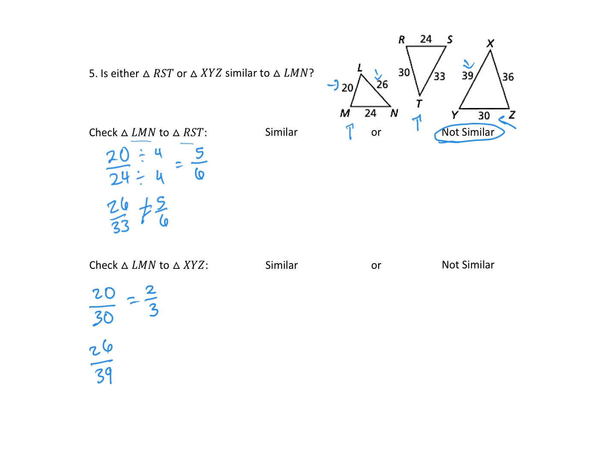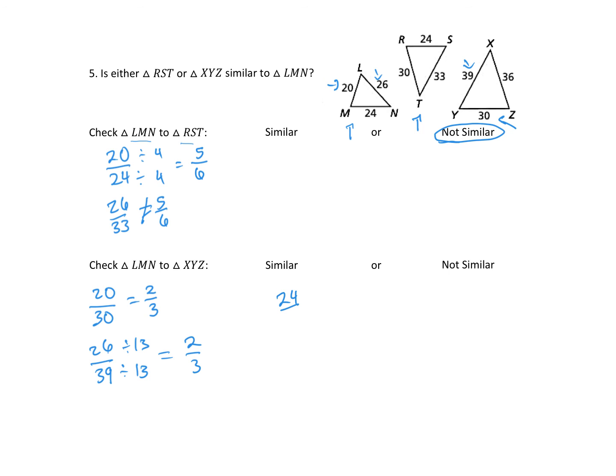39 is divisible by 3. It's 13 times 3, and the top one is 13 times 2, so I can divide both by 13. This reduces to 2 and 3, so far so good. And then the very last one, I can check just for safe measure, 24 and 36.